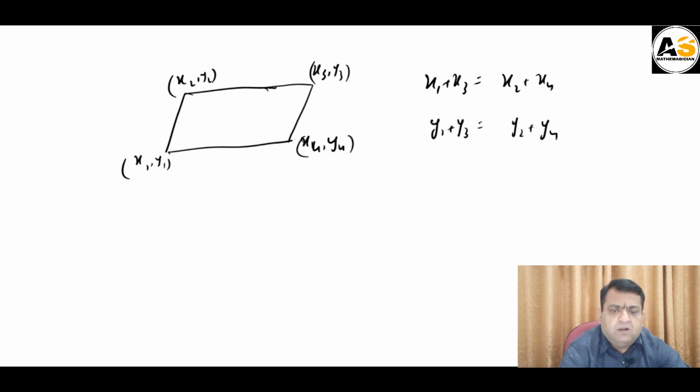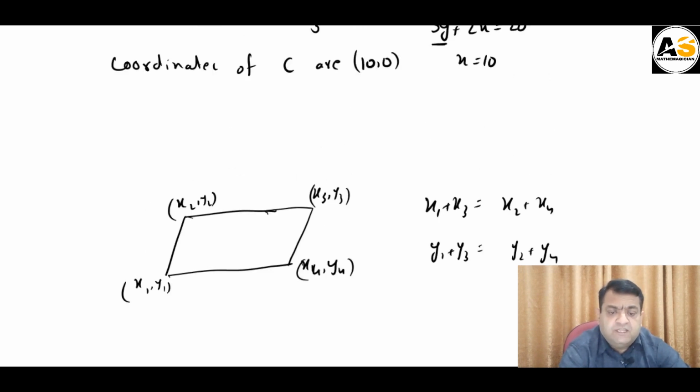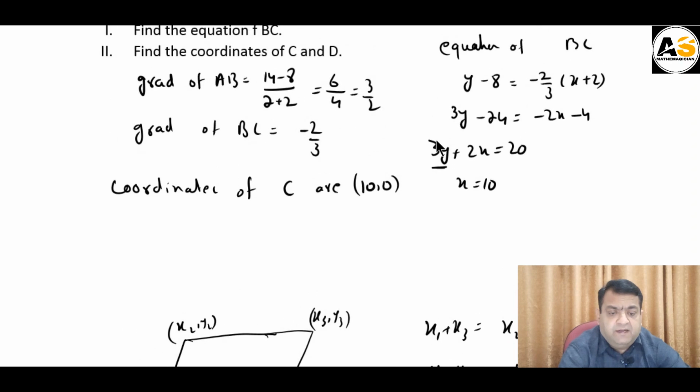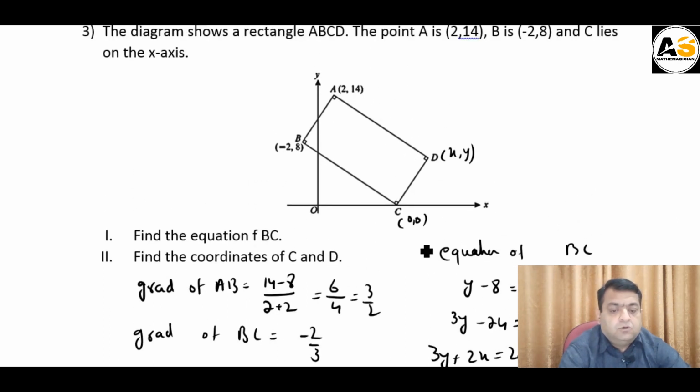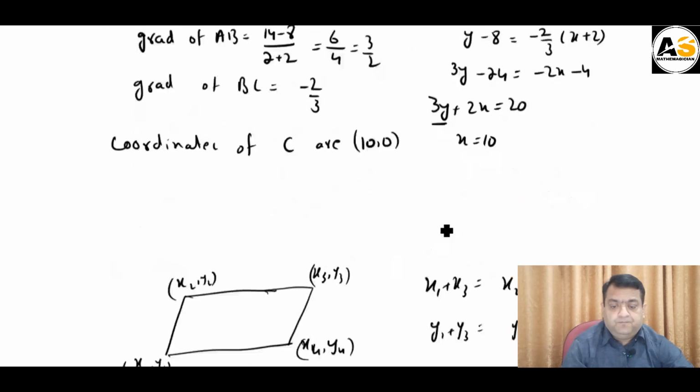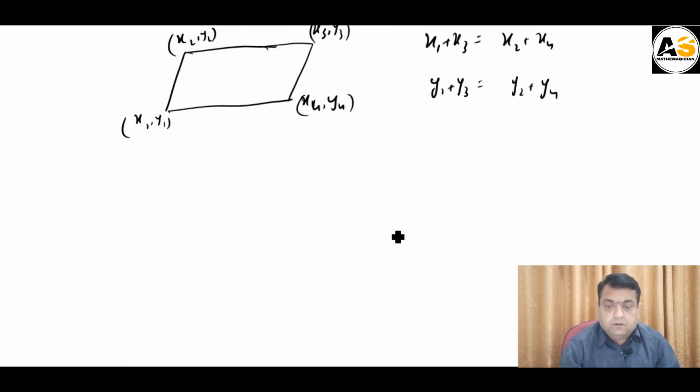Rectangle is also a parallelogram. So by using this concept, I will find: minus 2 plus x is equal to 2 plus 0.